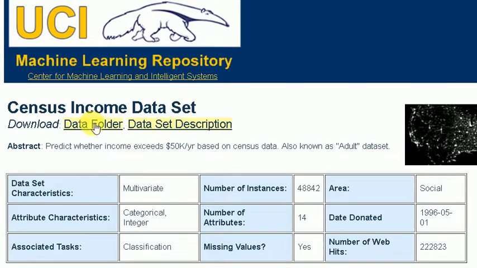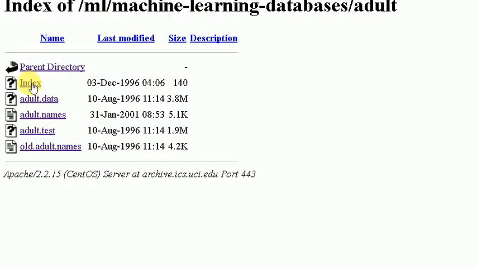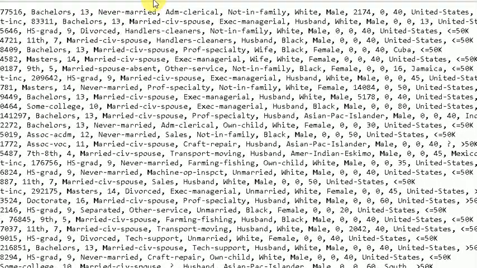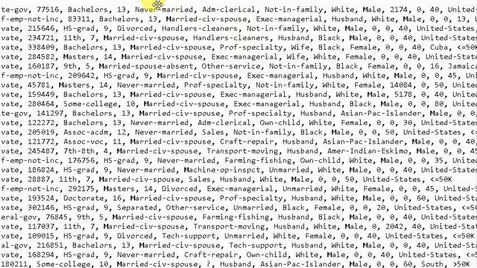If you see here, it says data folder, and if you click that, there are 5 other links. The ones I looked at were adult.data and adult.names. And if I click, say, adult.data, I get this huge chunk of words and numbers.